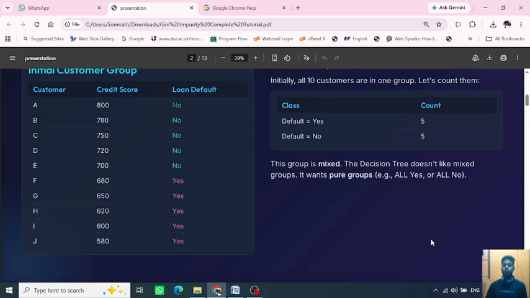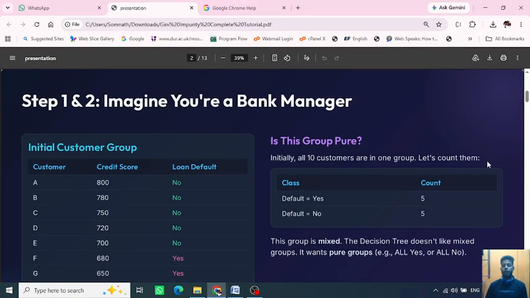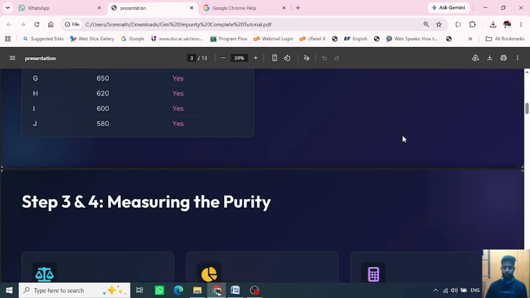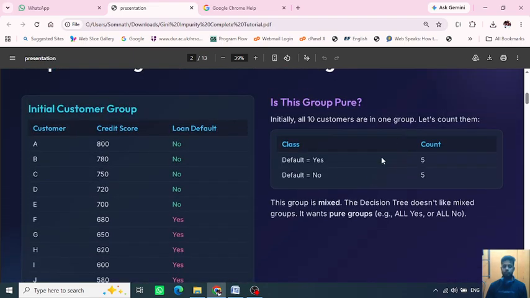It wants pure groups, either all yes or all no. So our goal with the decision tree, or here the Gini impurity, is to find the pure group.